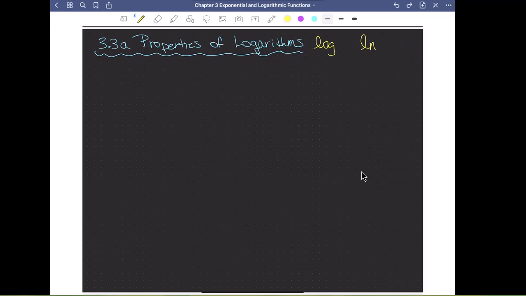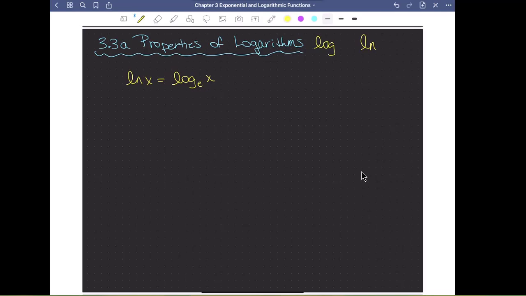Okay. How are these two related? So when it comes to the natural log, that ln of x, all that is we're writing log base e of x. Instead of writing that log base e, we just like to write ln. I don't know, maybe mathematicians are a little lazy or something.